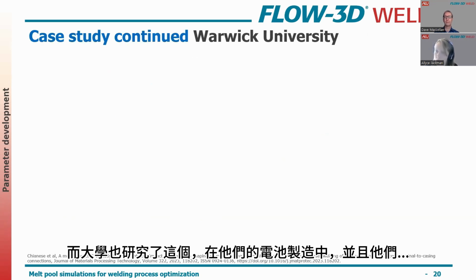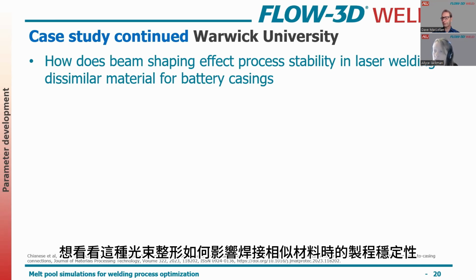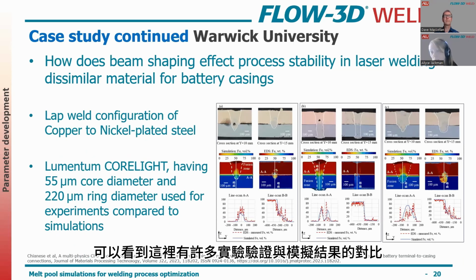So Warwick University looked into this as well with their battery manufacturing, and they wanted to see how beam shaping could affect the process stability when fusing dissimilar materials. So we can see here a lot of their experimental validations with the simulation.